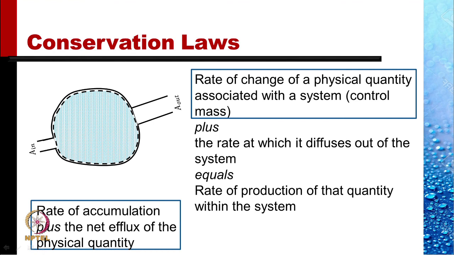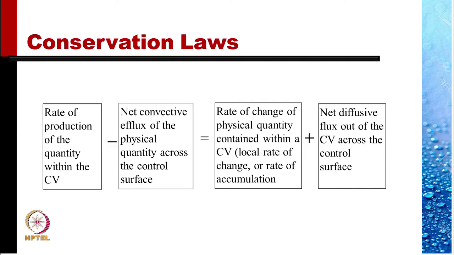The rate of change of physical quantity associated with the system is equal to the rate of accumulation plus the net efflux of the physical quantity. And this, we can write like this.